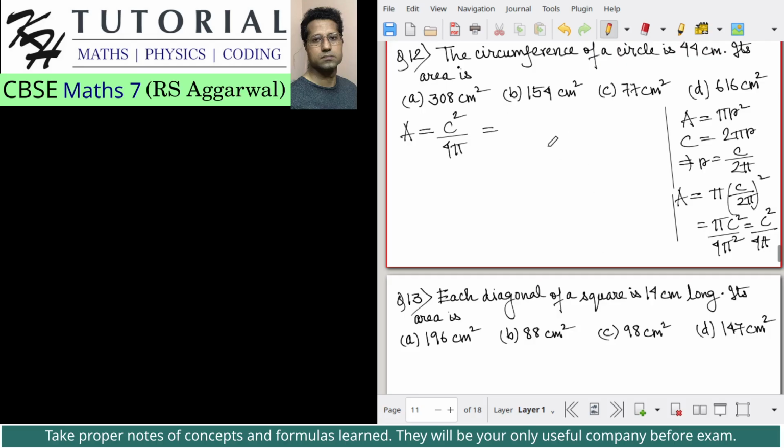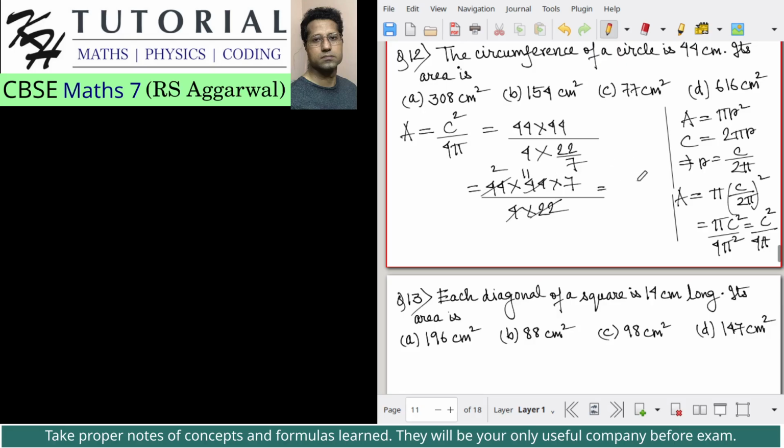So circumference of the circle is given to be 44. So we have 44 multiplied by 44 divided by 4 multiplied by pi, which is 22 by 7. This is equal to 44 multiplied by 44 multiplied by 7 divided by 4 multiplied by 22. 22 divides 44 with 2. 4 divides 44 with 11.